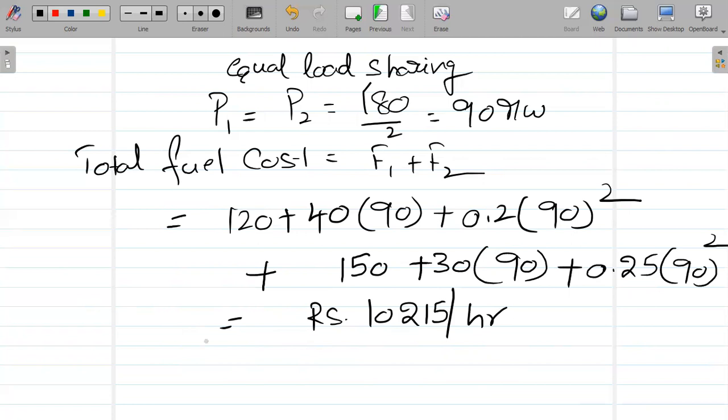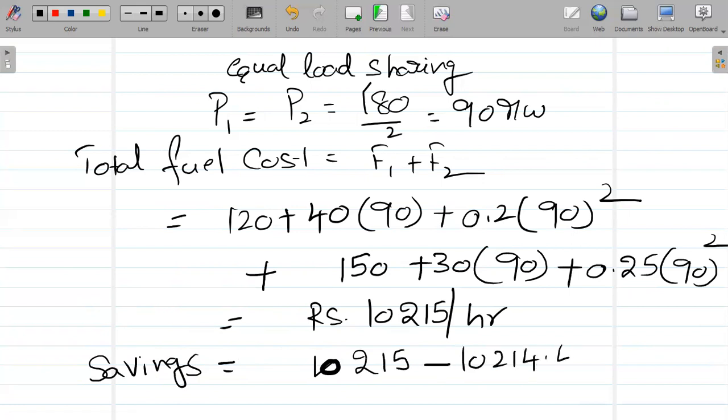So in which case is the cost more? In the equal load sharing the cost is more. Therefore, the savings obtained when the economic operating schedule is followed equal 10,215 minus 10,214.43 rupees per hour, so 0.57 rupees per hour.